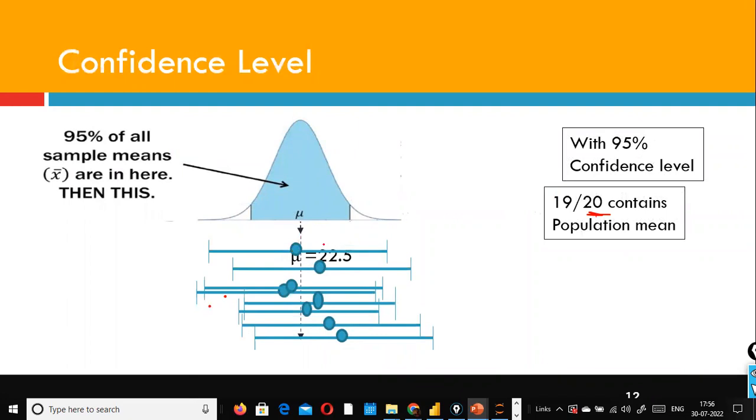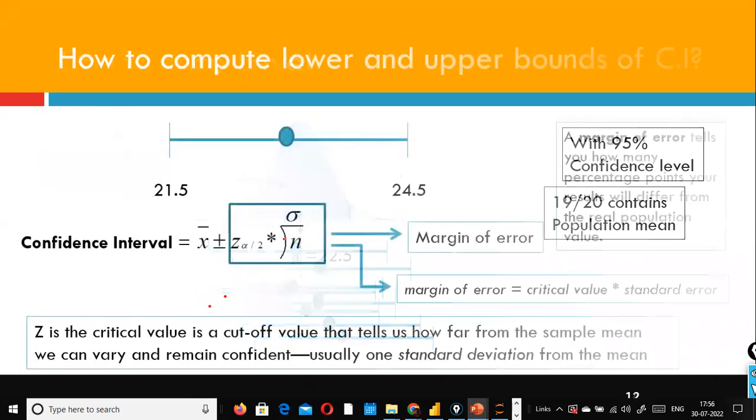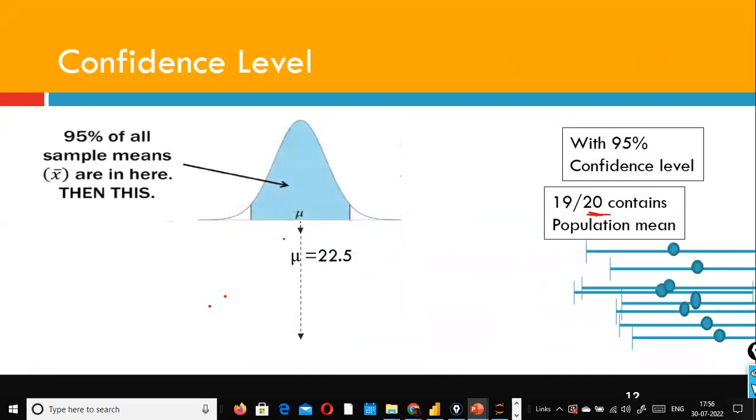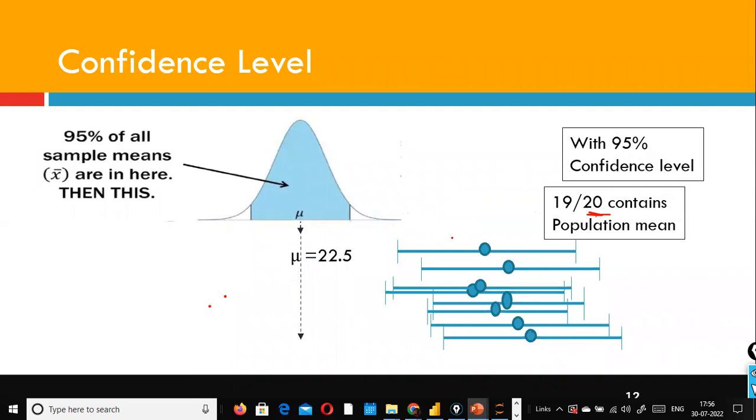So we can generalize: 95% of all sample means are here, and there is a 5% chance for the remaining. Out of 20 samples drawn, 95% of 20 is 19, so 19 samples' intervals fall around this value.